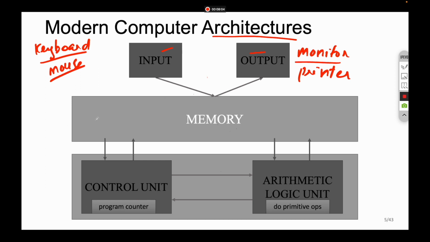The next component is the memory. Keep in mind that the memory I want to talk about is RAM, not SSD or HDD. We're going to talk about this later in this video and in some future videos.